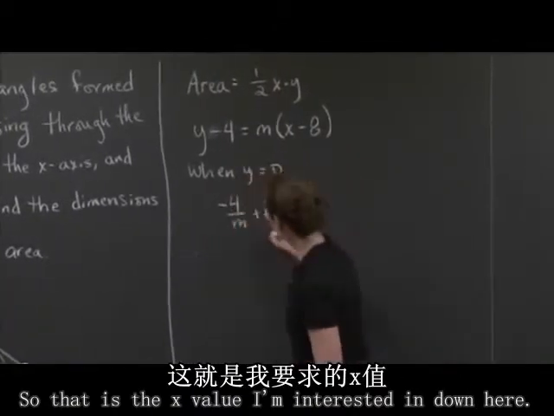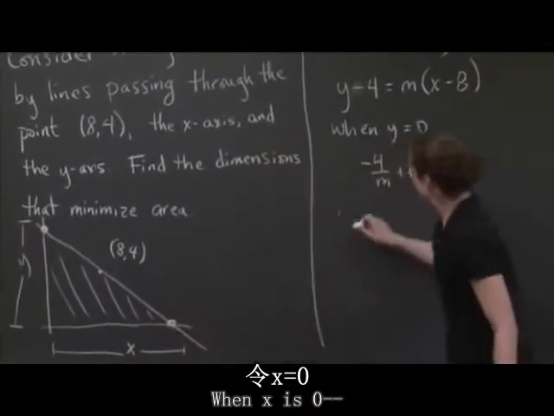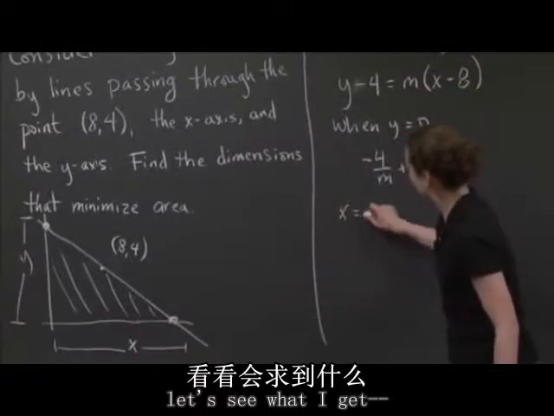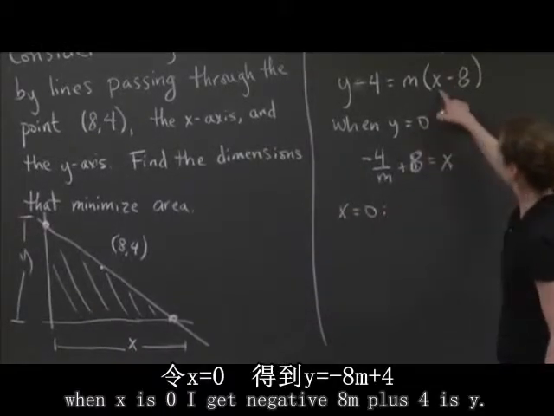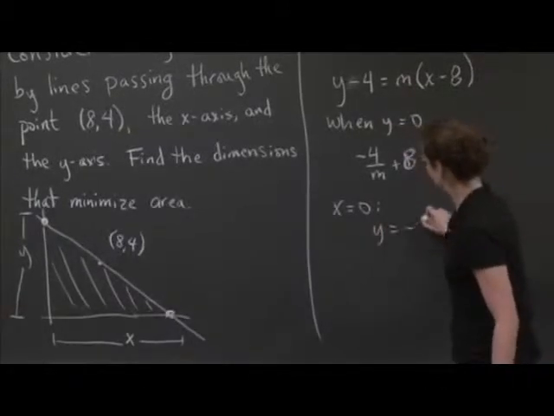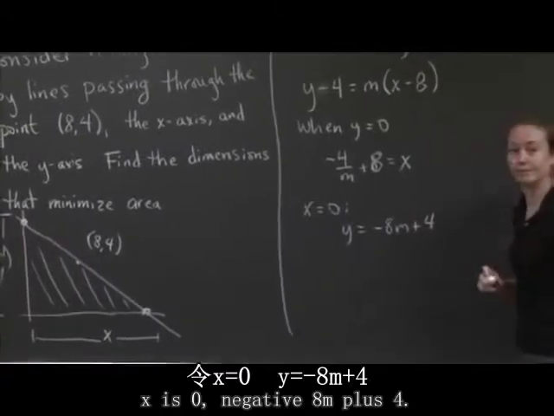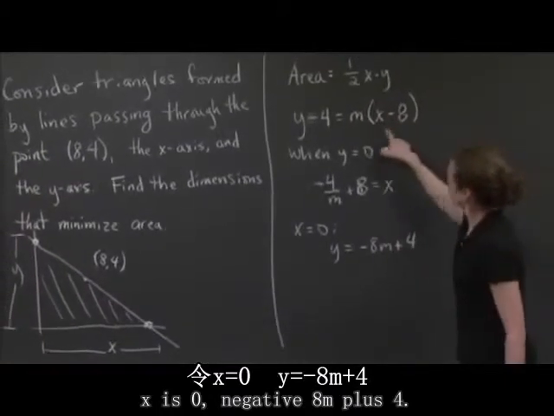So that is the x value I'm interested in down here. When x is 0, let's see what I get. When x is 0, I get negative 8m plus 4 is y.